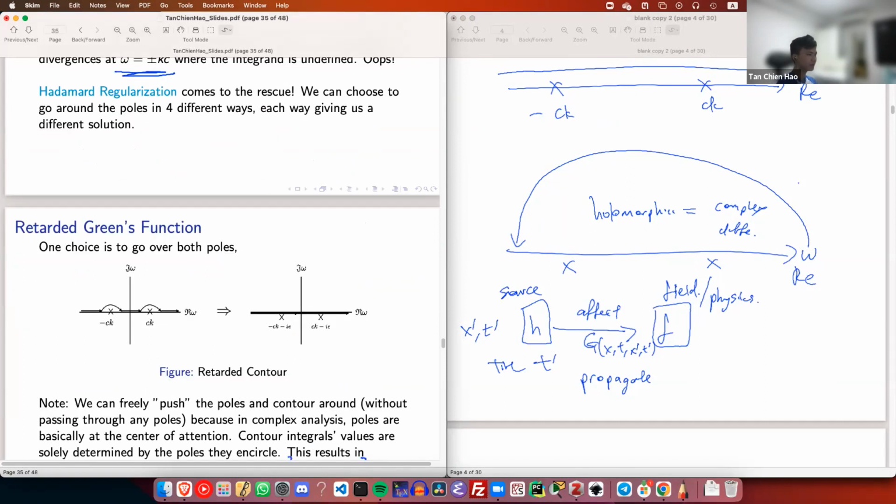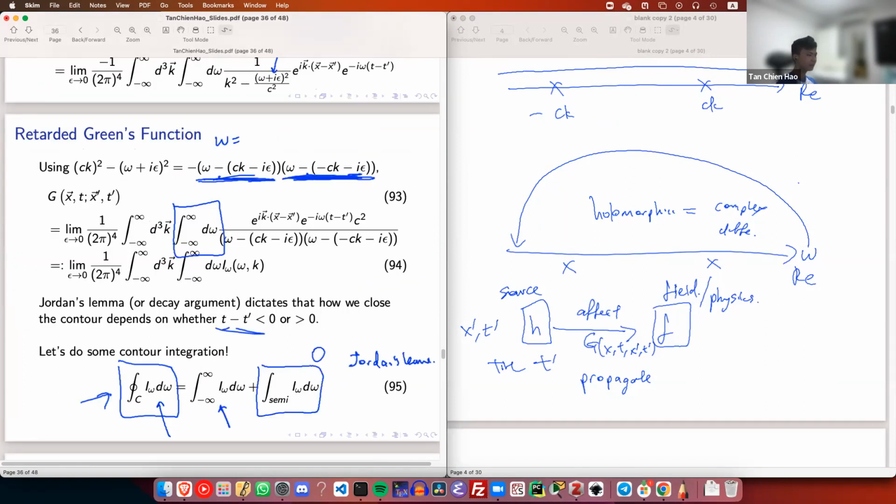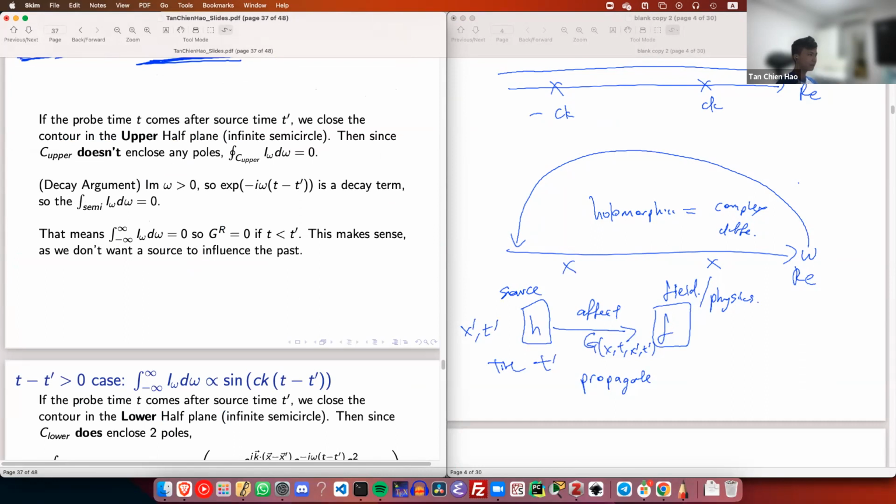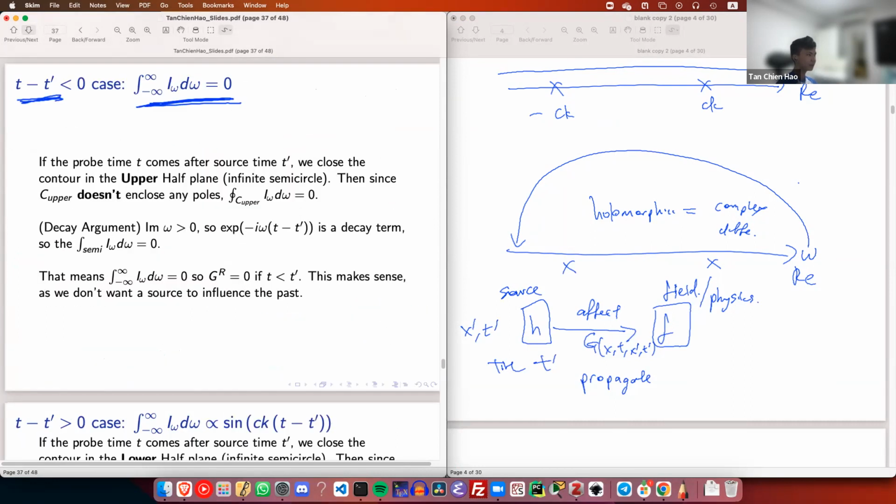So what this means is that in the case where t is less than t prime, if my current time is less than the source time, that means the time I'm measuring is earlier.